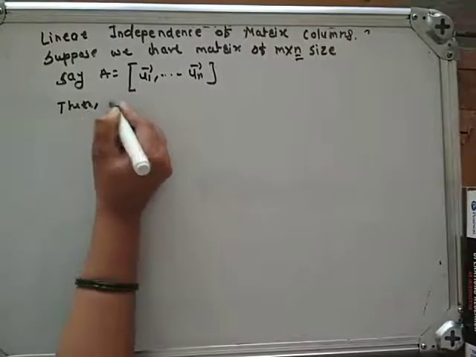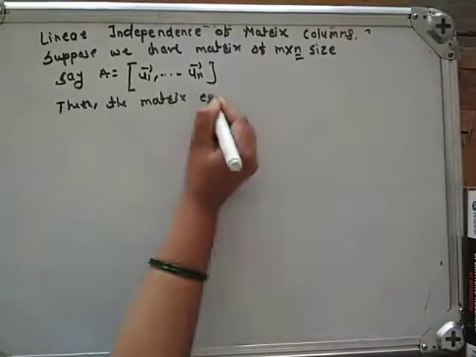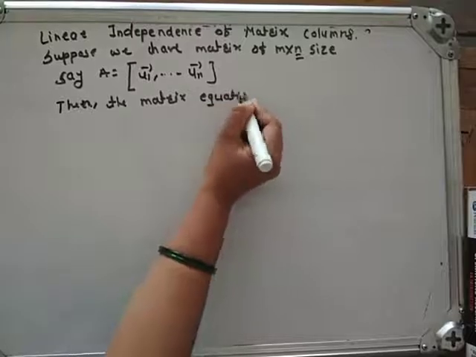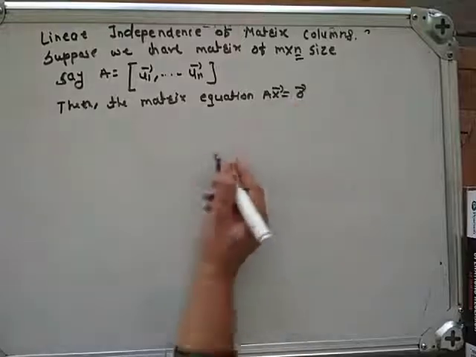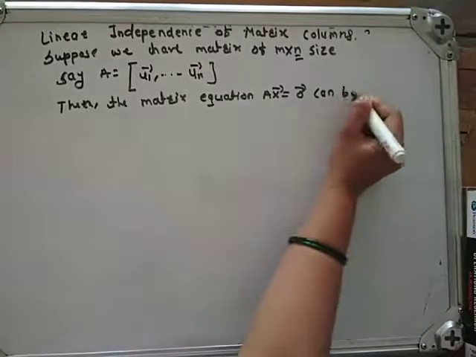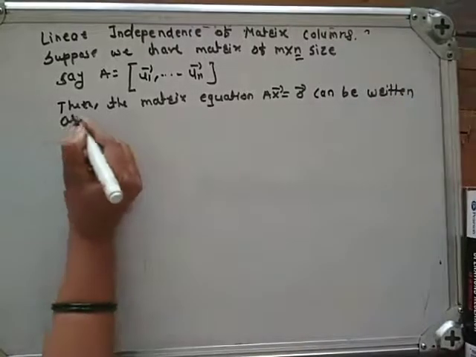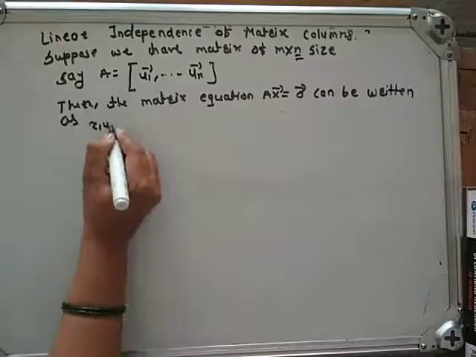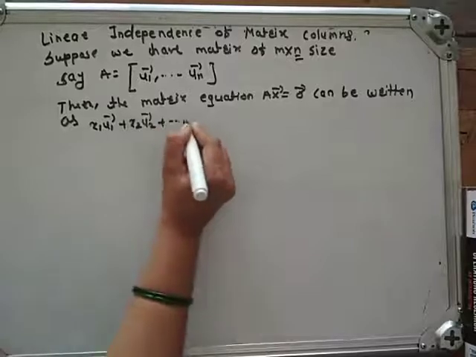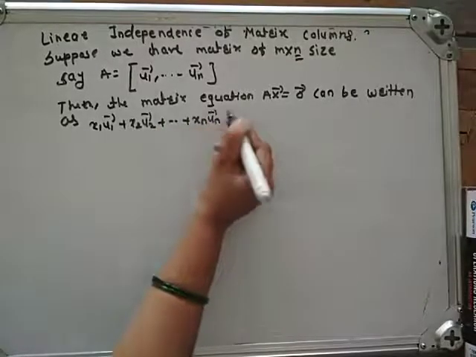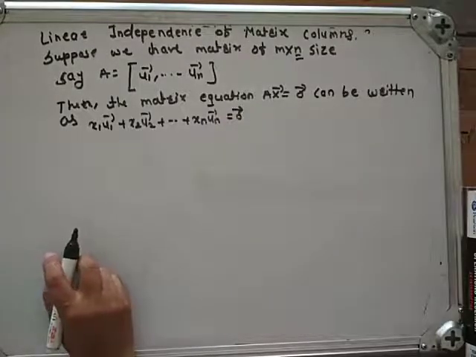Then the matrix equation A into x bar is equal to 0 bar can be written as x1 into u1 bar plus x2 into u2 bar plus and so on, xn into un bar is equal to 0 bar. Okay.